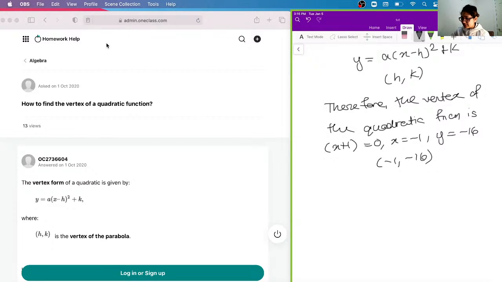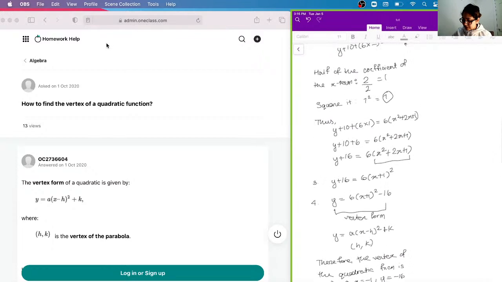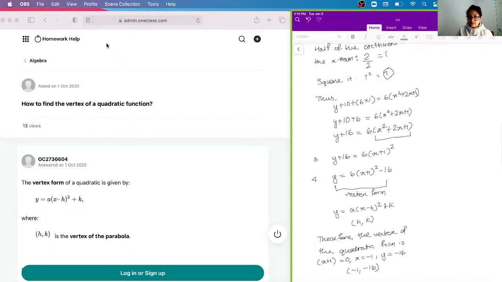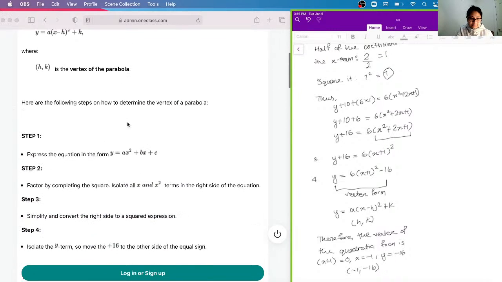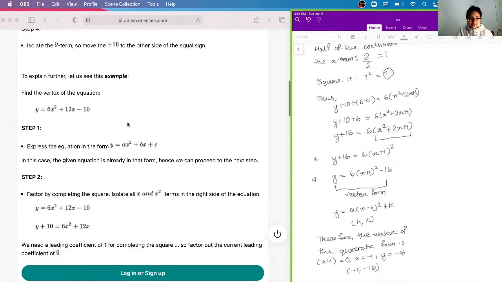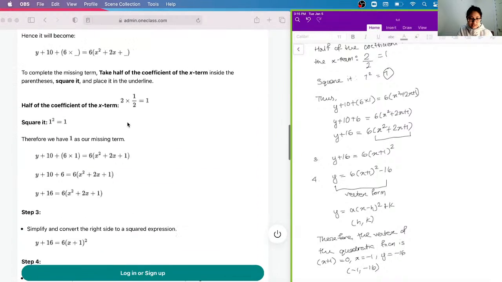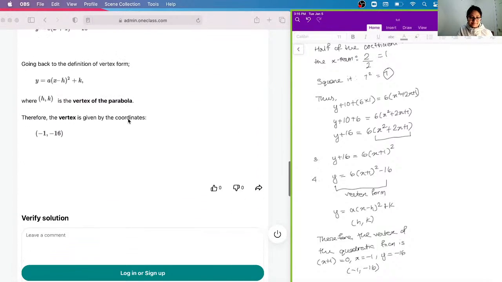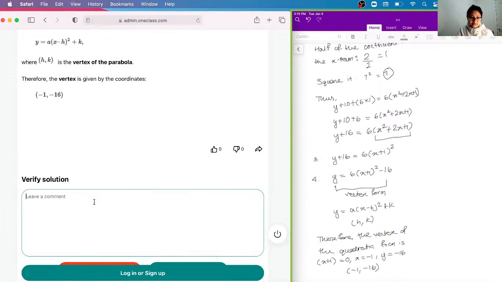So this is your vertex. And so this is how you find a vertex, and this is the way to solve these type of questions. Okay, and so we just did this one.